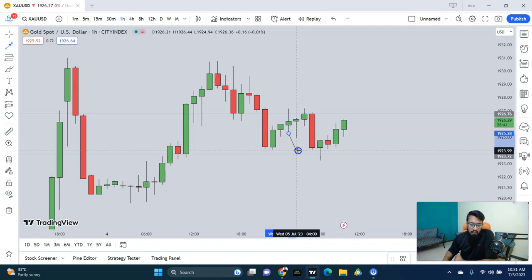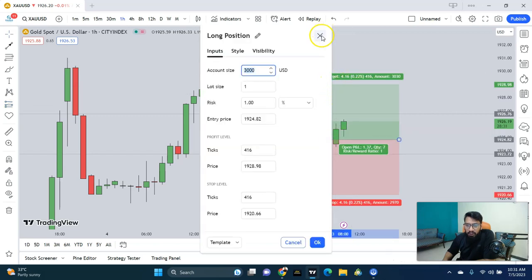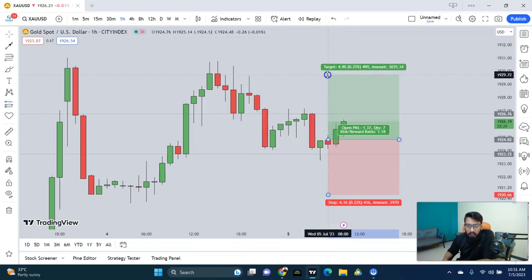If it has left a bit bigger wick, then there can be a possibility of taking a long. So it would be easier, you have to just take a long here, and this will be the targets.